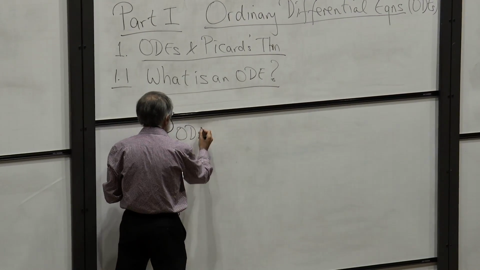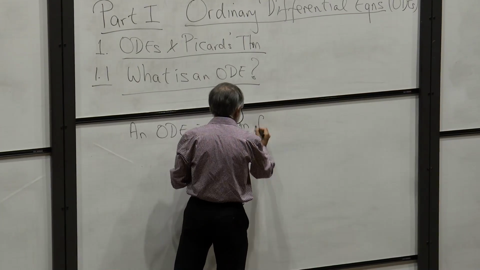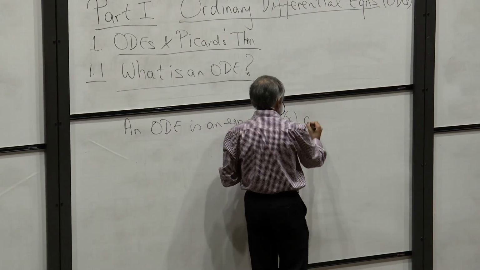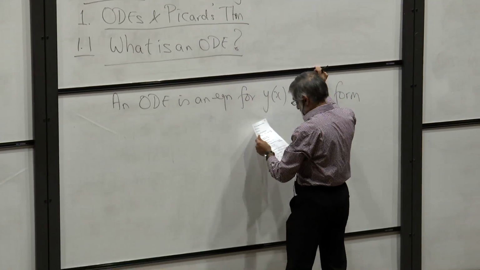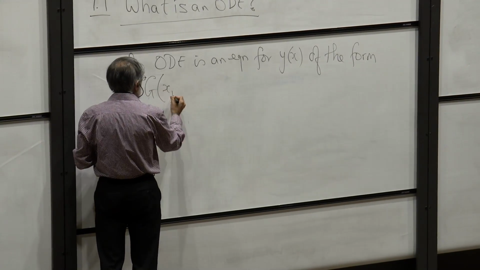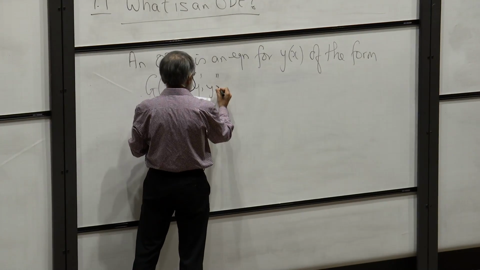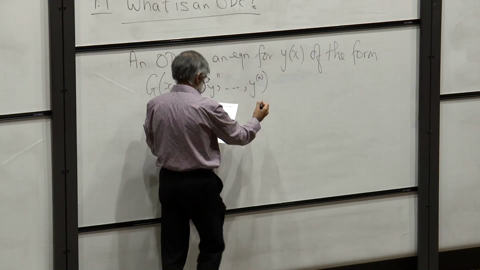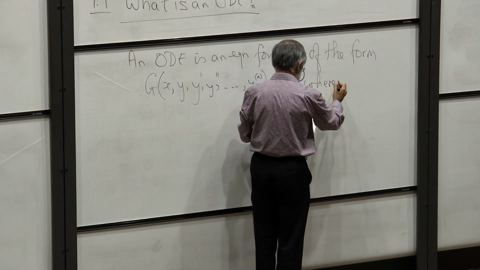An ODE is an equation for y of x, a function of x, of the form g of x, y, y dashed, y double dashed, up to, say, y^(n) equals 0, where the dashes mean derivative.